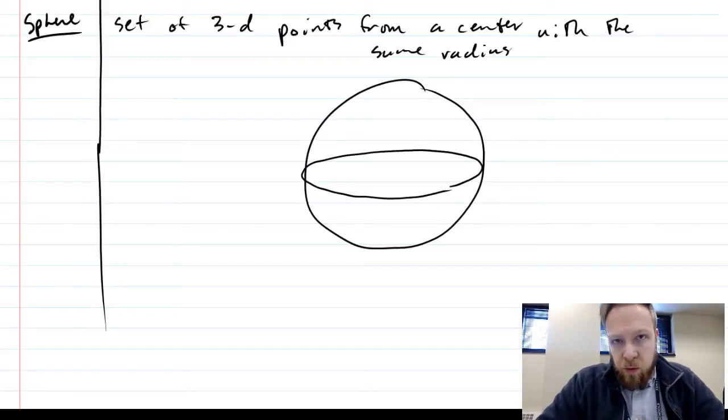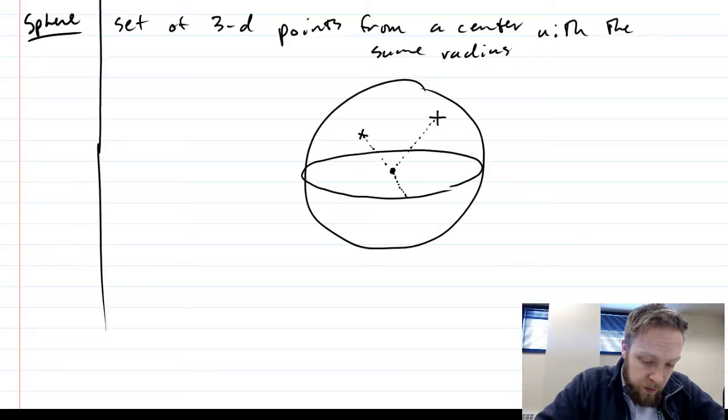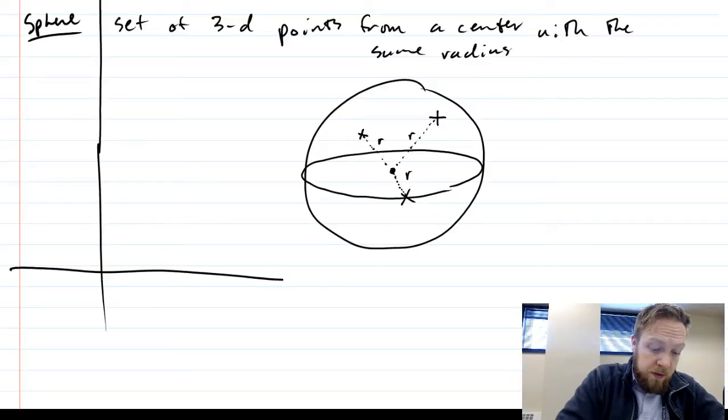That's kind of like the equator, and a point in there. So if I was to draw dotted lines from the center out to any point on the sphere, if I go back on the back wall, or if I go straight across all the way to the equator, all of these lengths should be r in every direction. And that is how we define a sphere.